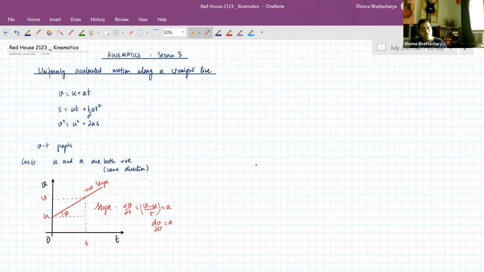Whereas if we talk about the second case, where u and a are in opposite directions, so u is, let's say, positive and a is negative. In that case, the velocity time graph will again look like a straight line, but with a negative slope.